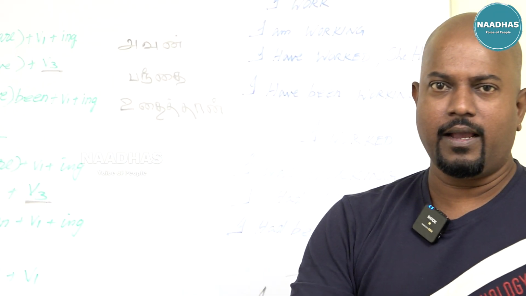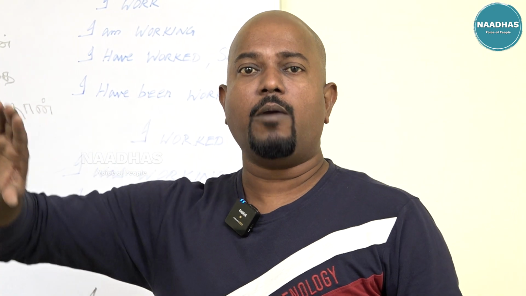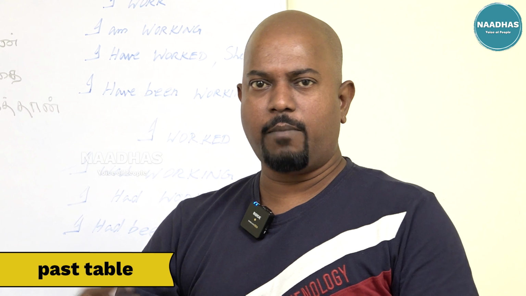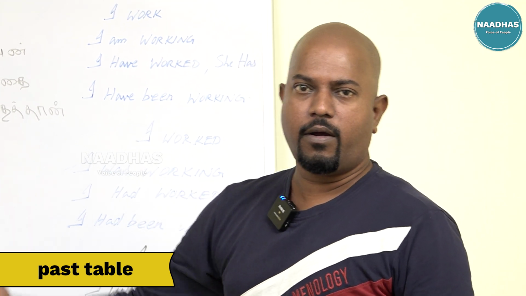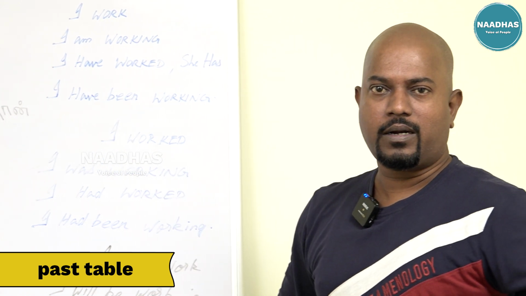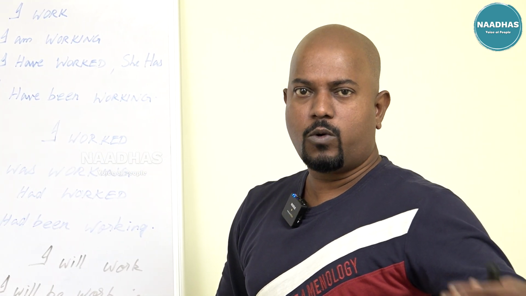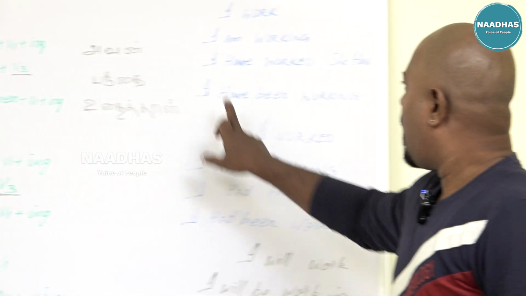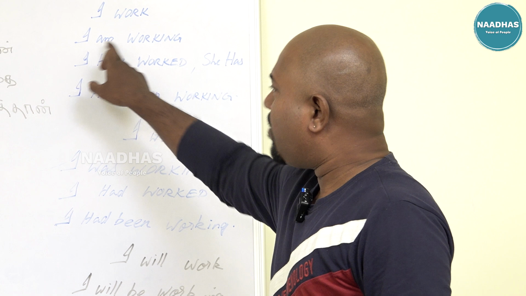I am working, in the past, becomes I was working. I work, I worked. You know ed: when I put ed, it becomes the past because it's a regular verb. I work, he worked, she worked. And the continuous form: in present, I put I am working.